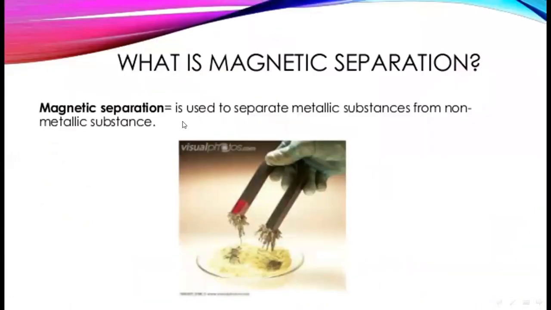Next, here you see what magnetic separation is. Magnetic separation is used to separate metallic substances from non-metallic substances.